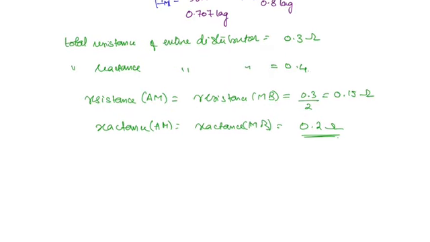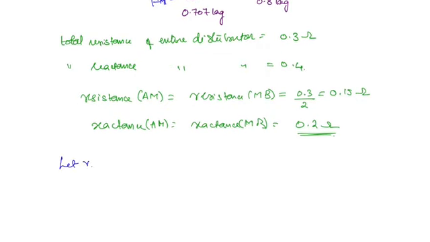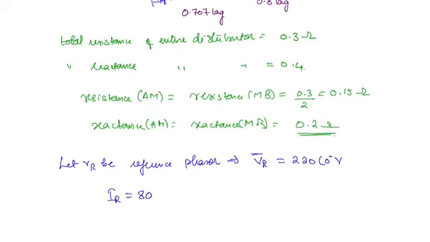So let VR be the reference phasor, which implies VR bar is equal to 220 angle 0 degrees. Now what will be IR? The magnitude is 80 and it is 0.8 lagging, so this is minus cos inverse 0.8. You are going to get 80 angle minus 36.87 degrees.